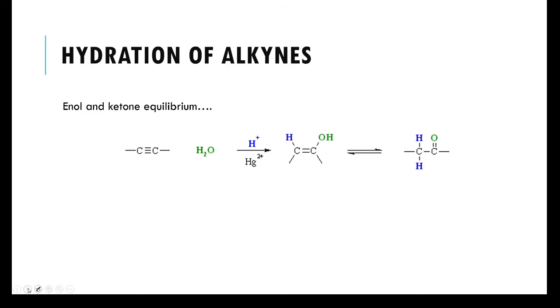All right, what happens in the presence of an acid with an alkyne? With an alkyne, we make an alcohol with an OH group on it, and what we call that is an enol. Okay, if we do this with an alkyne, we make an enol.